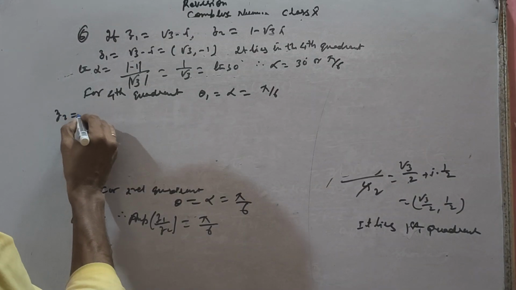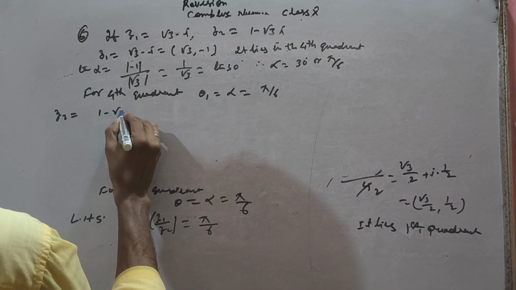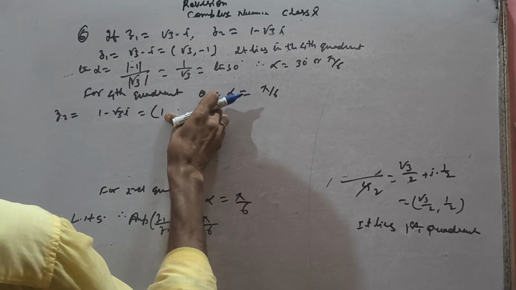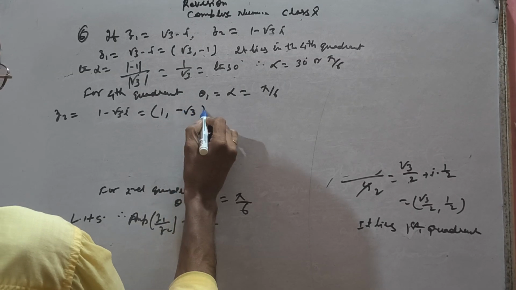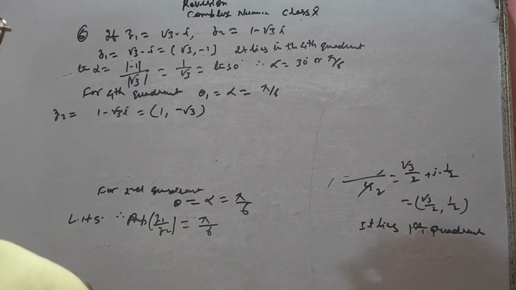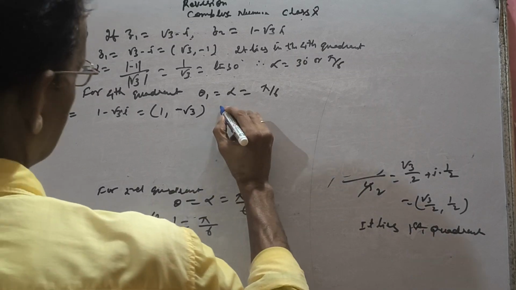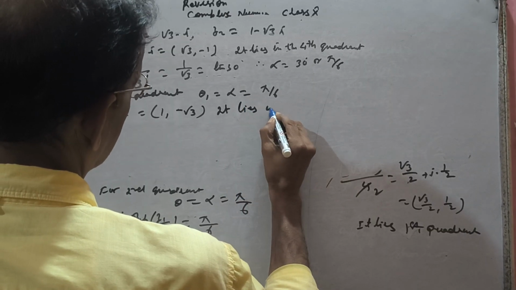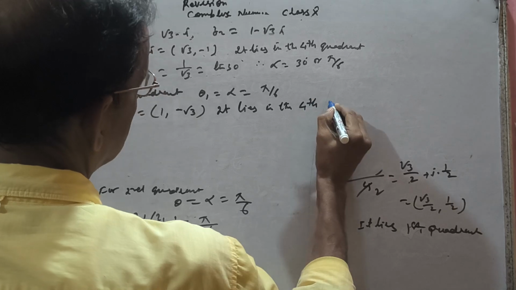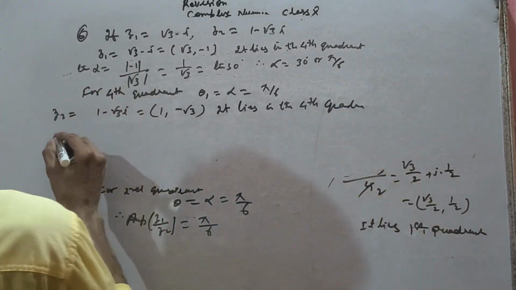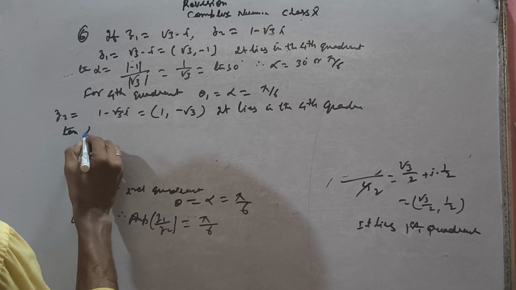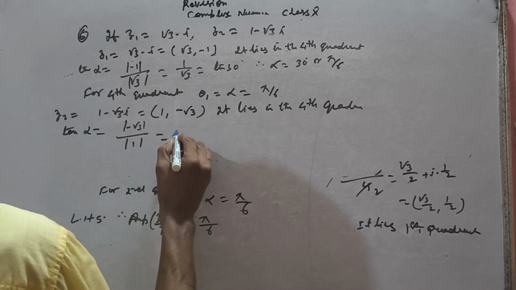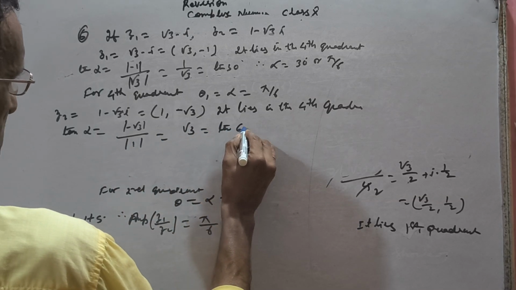Now Z2 equal to 1 minus root 3i, corresponding ordered pair will be 1 comma minus root 3. Okay, this is also in the fourth quadrant. It lies in the fourth quadrant. Now find out tan alpha equal to modulus y by modulus x equal to root 3 equal to tan 60 degree.